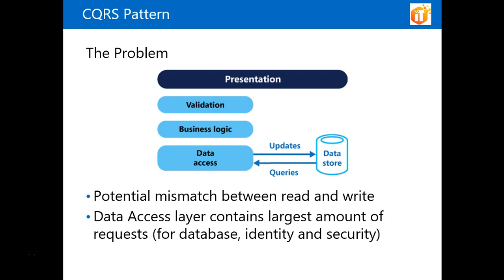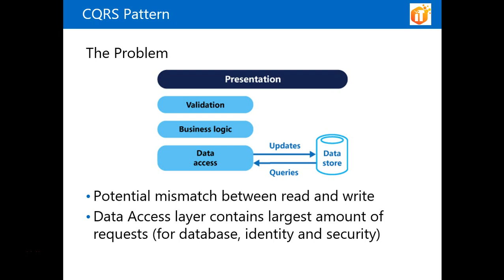So read-write workloads are often asymmetrical with very different performance and scale requirements. There is often a mismatch between the read and write representation of data, such as additional columns or properties that must be updated correctly even though they aren't required as part of the operation. Data contention can occur when operations are performed in parallel on the same set of data.